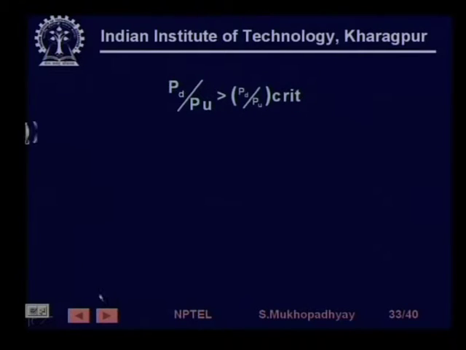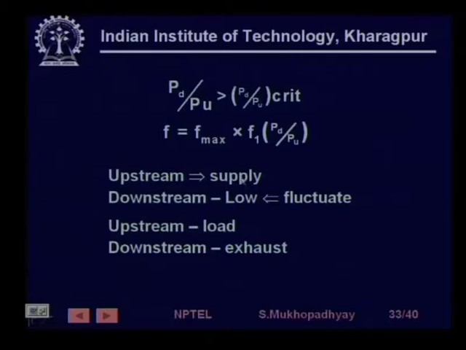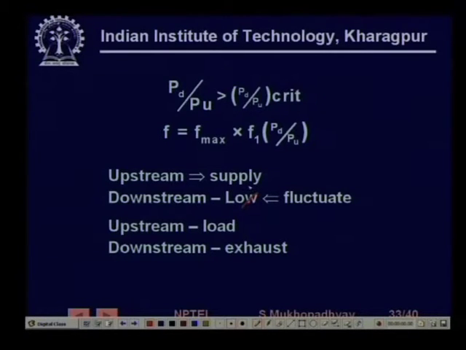It turns out that, depending on the valve configuration, these upstream and downstream pressures keep varying. For example, in a given situation, it may be so that the upstream is actually connected to supply, while the downstream is actually connected to load. This is load. So, see, if the load pressure varies, this ratio is going to vary.